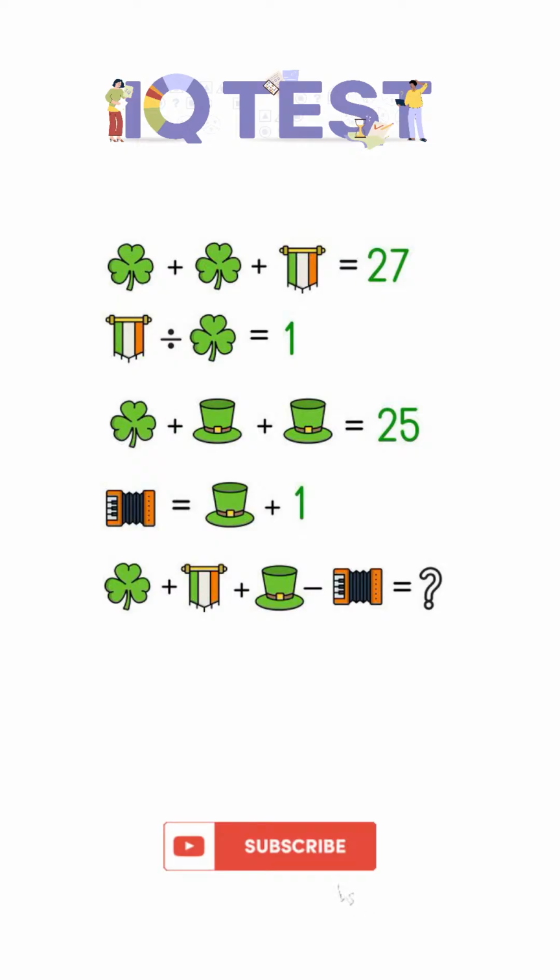So the clover leaf is 8. Sorry, the clover leaf is 9. The flag is also 9. Jack, what are you getting the 8 for?